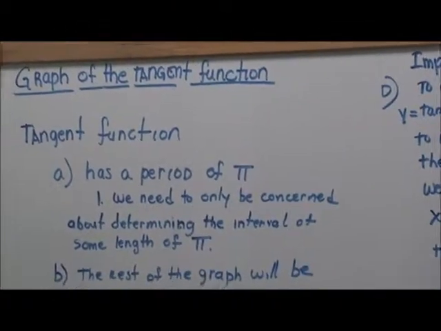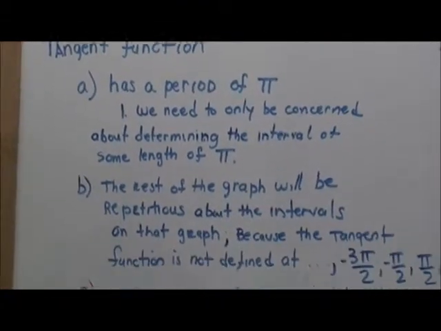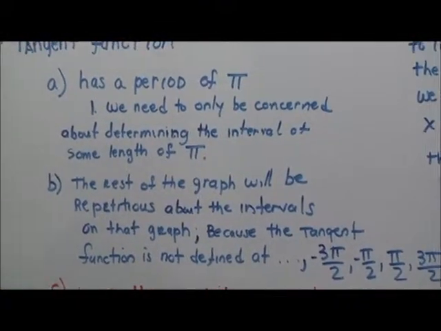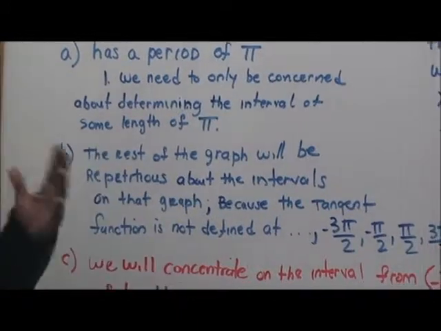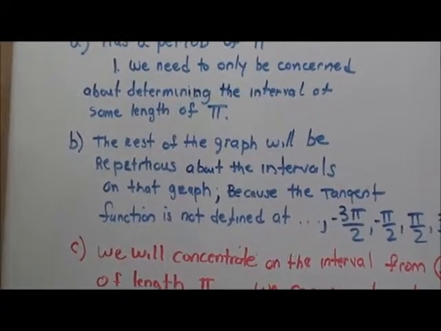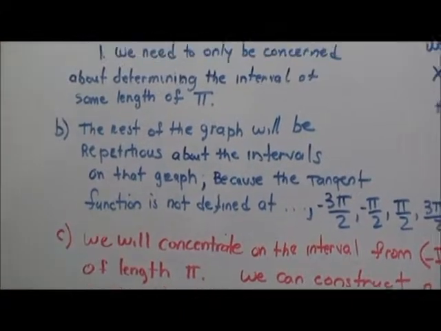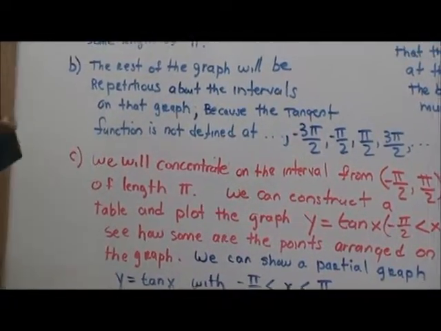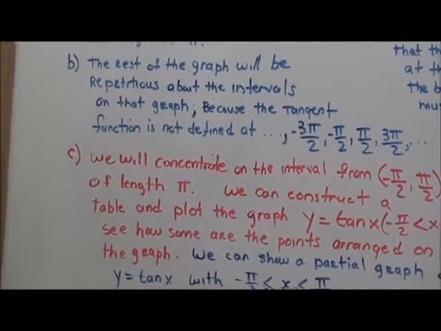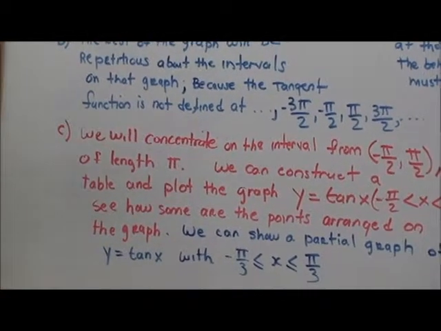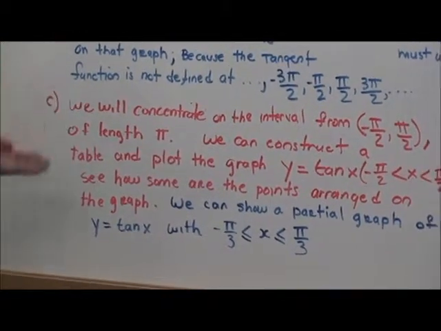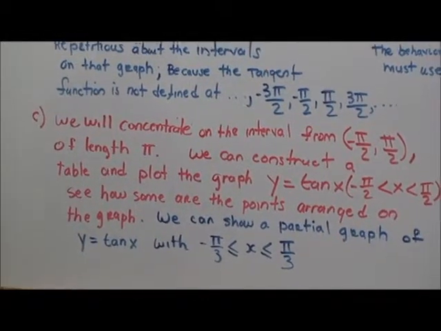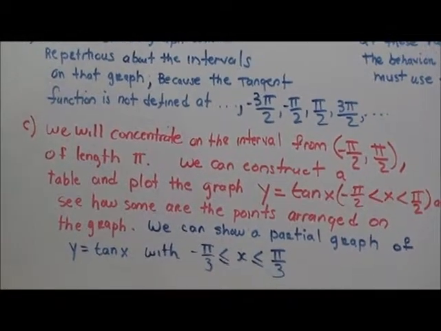It has a period of pi, and we need to be concerned only with determining an interval of length pi, and the rest of the graph will be repetitious, just like the sine and the cosine functions, of course, as it has a particular rhythm at the period, and it continues that rhythm from negative infinity to positive infinity.